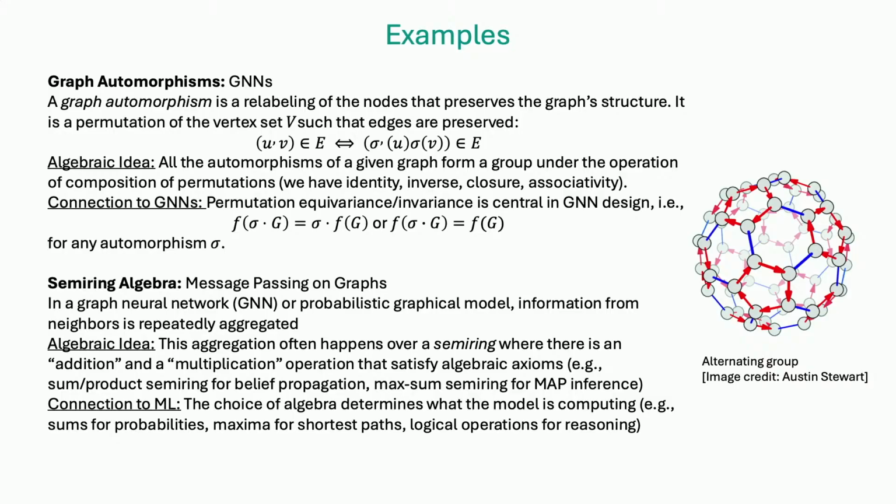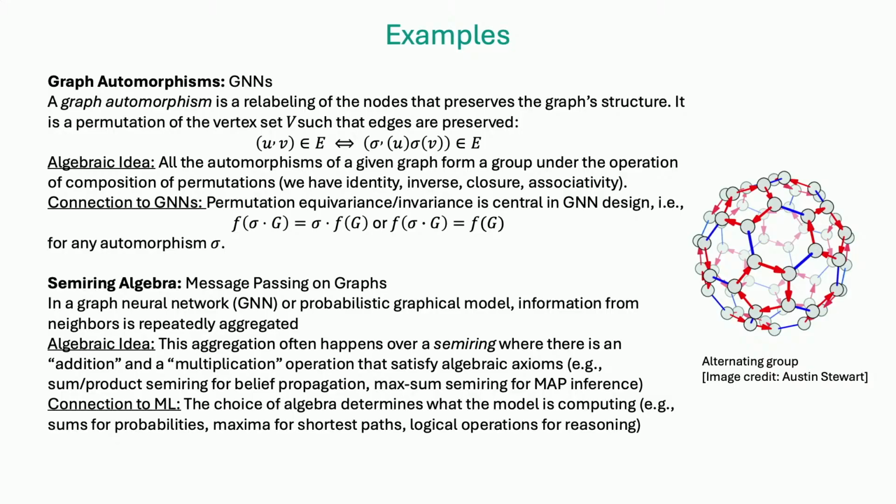And then semi-ring algebra. Here's another algebraic flavor, and how it shows up in the context of graph machine learning. It shows up in message passing on graphs, which is designed to be invariant or equivariant to the action of the automorphism group, whether it's a GNN or a probabilistic graphical model.